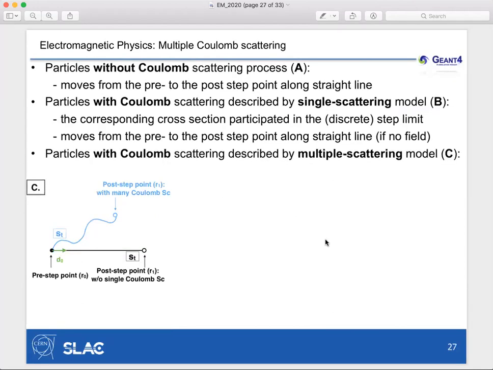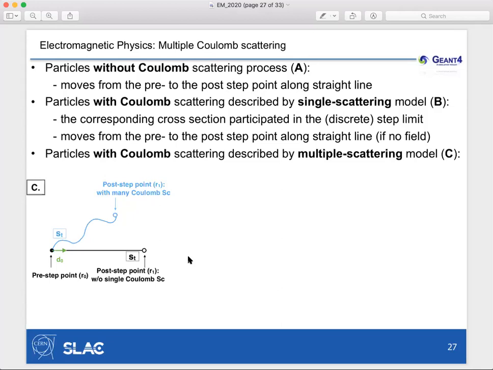It's not the case when we describe the Coulomb scattering with a multiple scattering model, because in this case the post-step point, R1, is much further than in the previous case. The figure doesn't show it very well, but this R1 can be 1,000 times further than the previous R1, when we use single scattering to describe the Coulomb scattering.